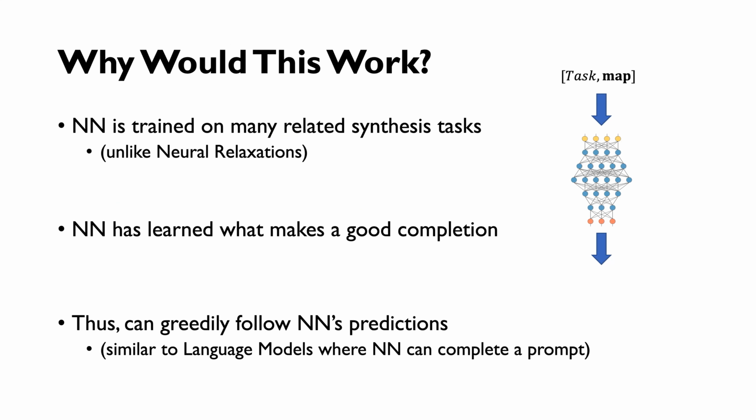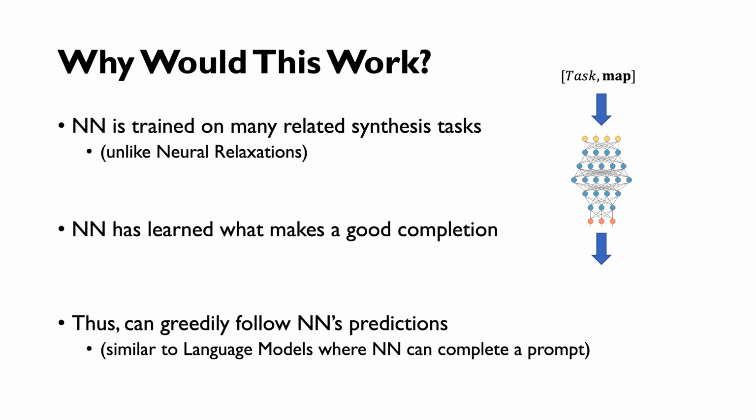So why might this work? The reason is that this neural network that is guiding the search process is trained on many related synthesis tasks. You have a data bank of programming or program synthesis tasks that are related to each other somehow, and you've learned a neural network that has picked up the implicit structure or patterns that are useful for all of these tasks.